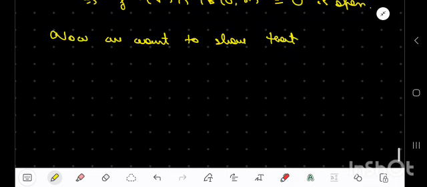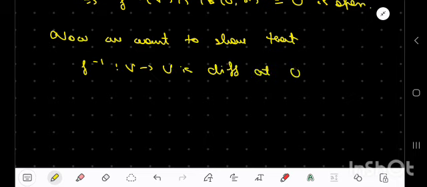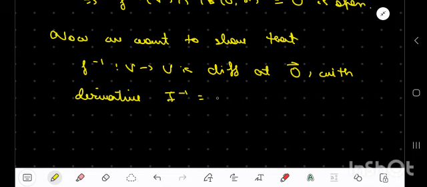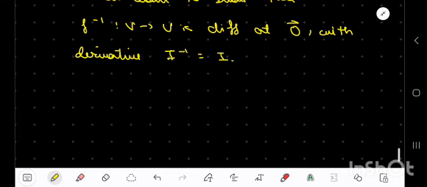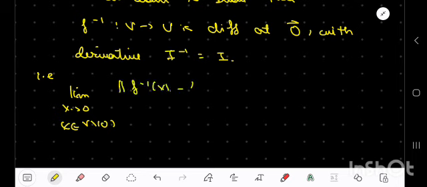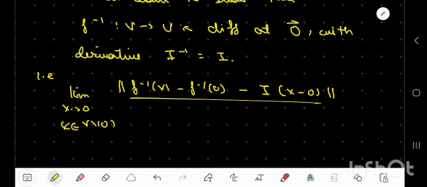Show that f inverse from V to U is differentiable at the origin with derivative I inverse, equal to I. So in other words, what we need to show is that the limit as x tends to 0, x in V minus 0, of the norm of f inverse of x minus f inverse of 0 minus I at x minus 0, divided by the norm of x, is equal to 0. This is what we need to show.